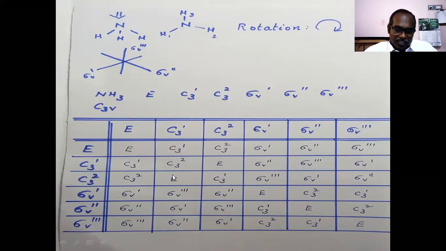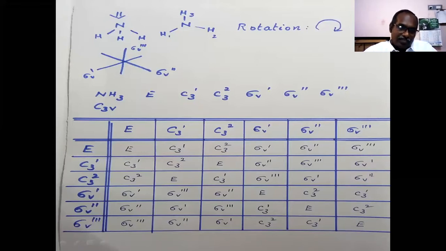Now look, the first one, C3 once and C3 once will result in C3 twice. I am rotating the molecule by 120 degrees, column operation first, row operation second, giving C3 twice. Actually, there is no strict rule to do the column operation first or row operation first, but whichever you start in the same manner, you have to continue.